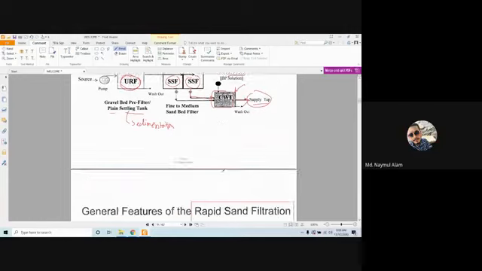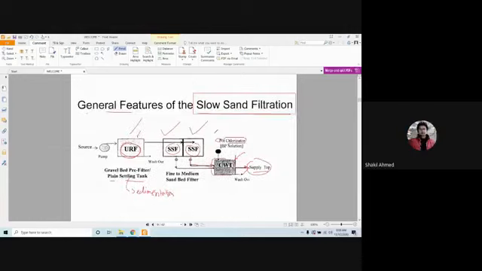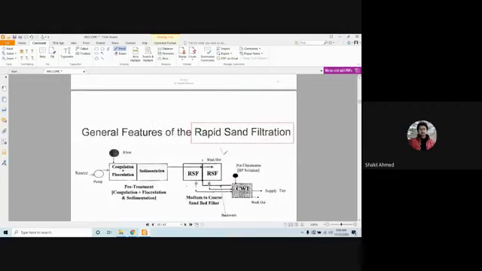So that's it. That was the slow sand filter. Now this is a rapid sand filter. In the rapid sand filter, you are also using two rapid sand filters in series. This is a particular condition. You may not always use two.